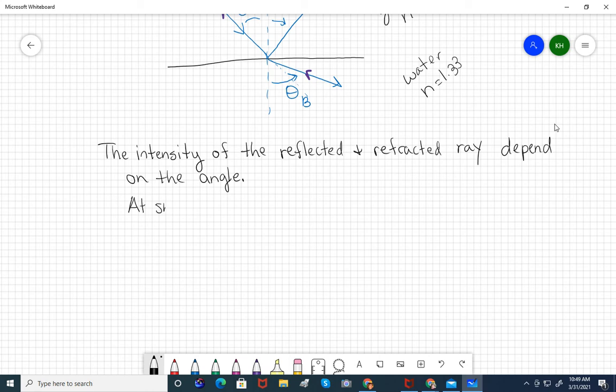At small angles, most of the ray is transmitted or refracted.